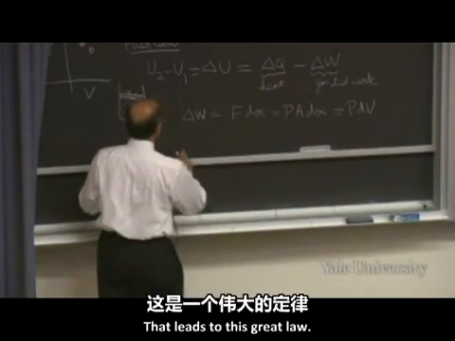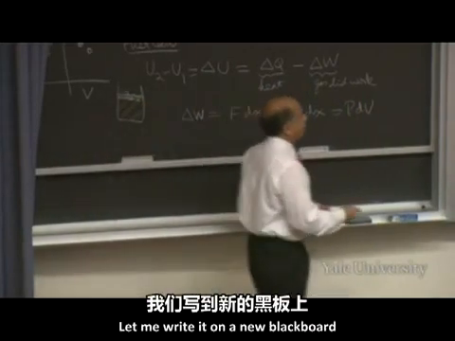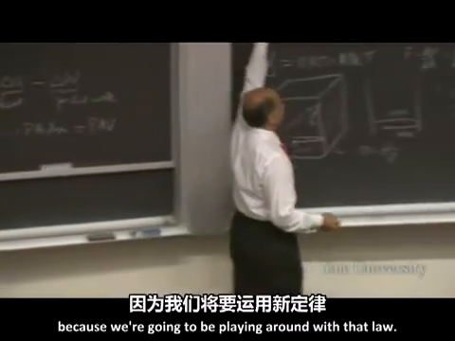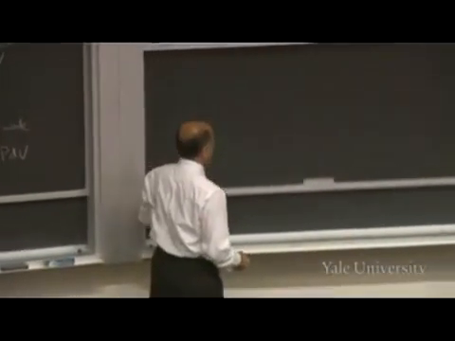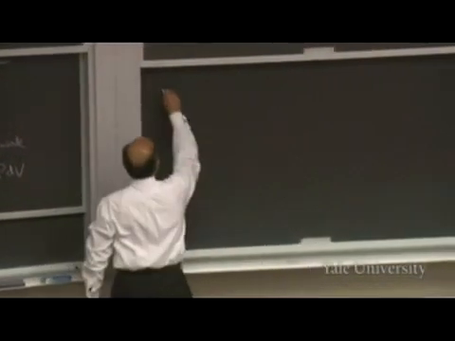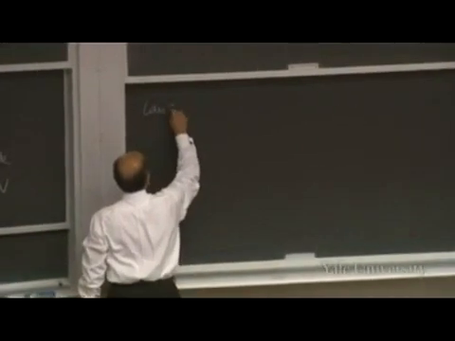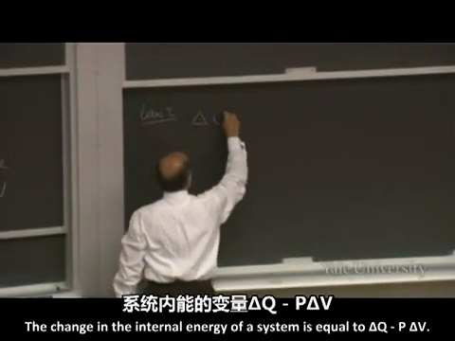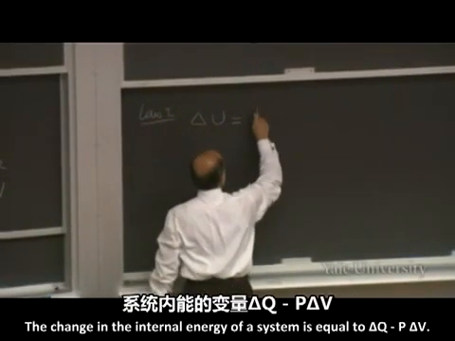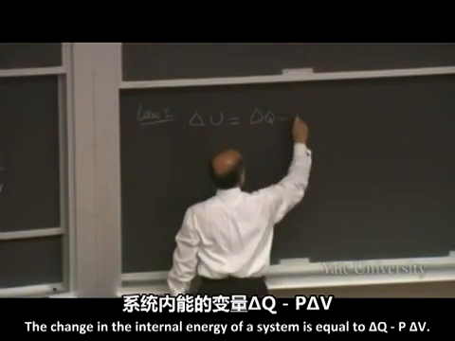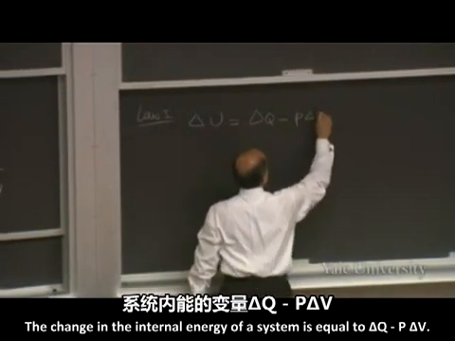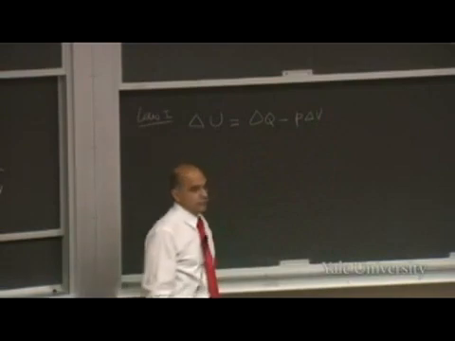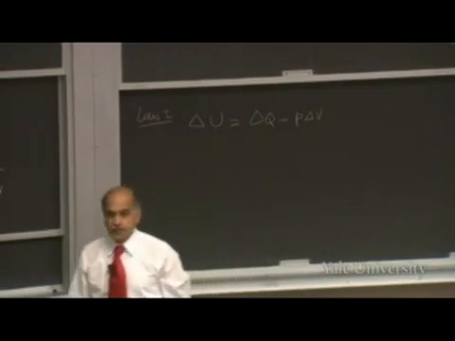That leads to this great law. Let me write it in a new blackboard because we're going to be playing around with that law. This is law number 1. The change in the internal energy of a system is equal to delta Q minus P delta V.